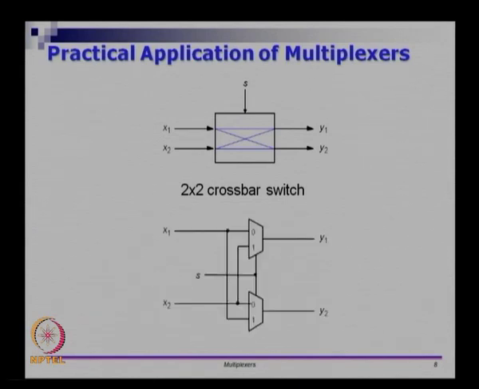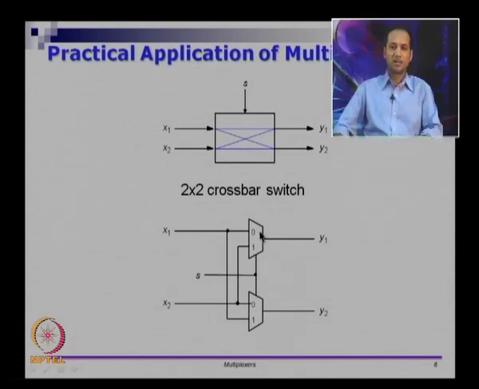The internal implementation of a crossbar switch is as follows. You use 2 muxes, a mux on the top and a mux on the bottom, and it takes one external line called the control line, which is select, and there are 2 inputs x1 and x2. So let us look at what happens when S is 0. If S is 0, x1 will be passed on to y1 and x2 will be passed on to y2, because if you put S equal to 0, look at which line is connected.